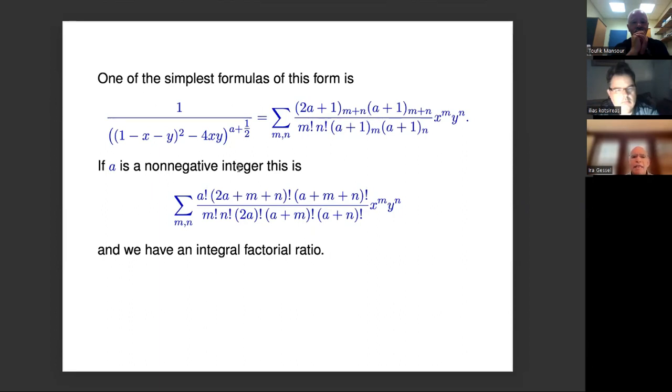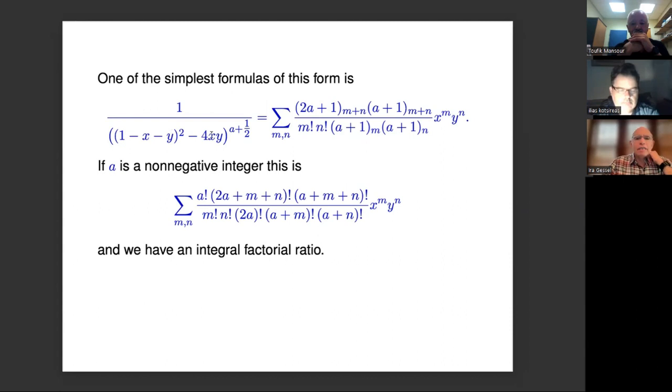So if a is a non-negative integer, then we have this nice formula for the coefficients that is an integral factorial ratio. So why is it an integral factorial ratio?